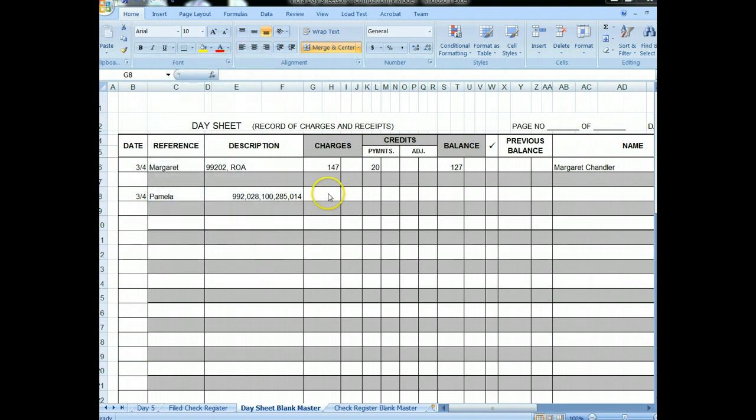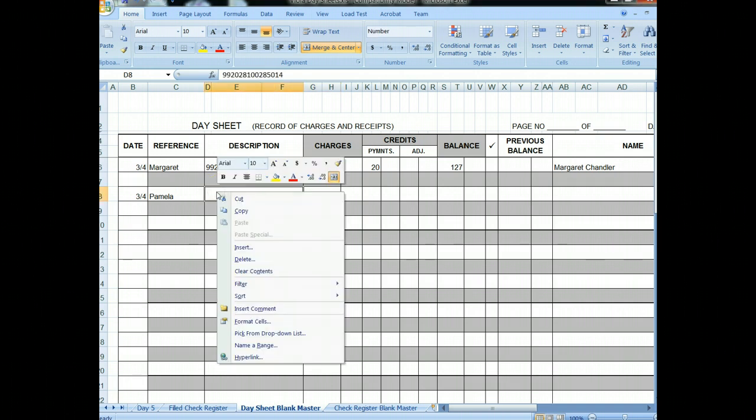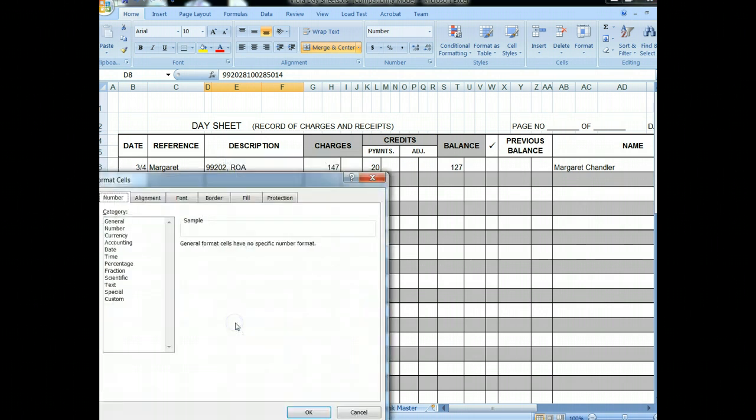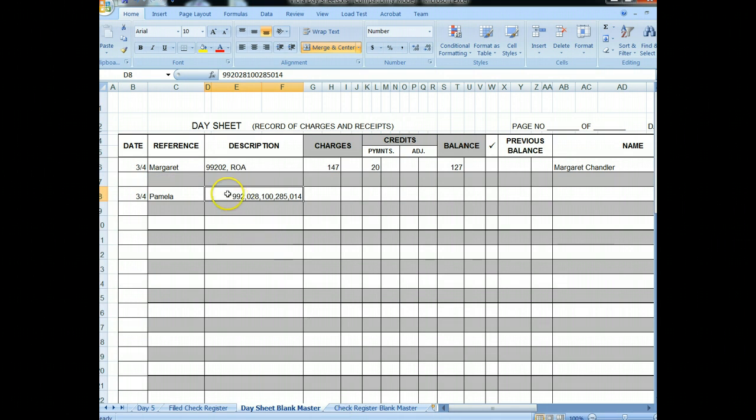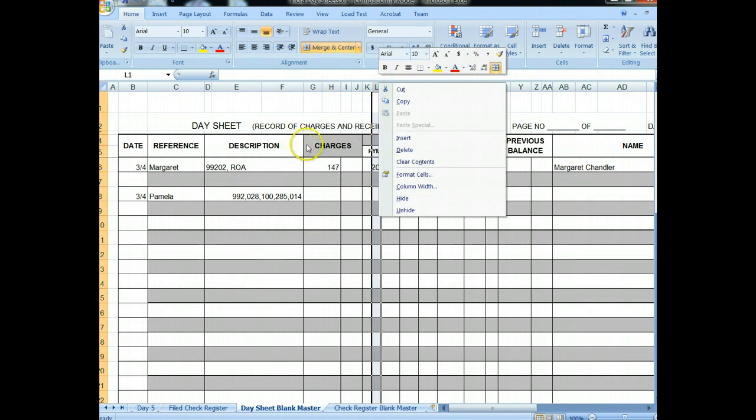So, oh, isn't that nice? Anyway, the cells aren't big enough here. Just give me a second. I need to make the cells bigger. I wonder if I can just do that. No. Column width.